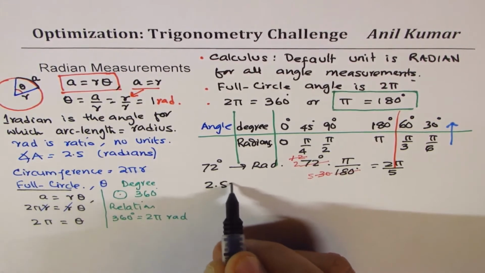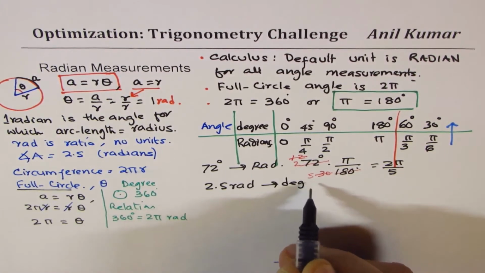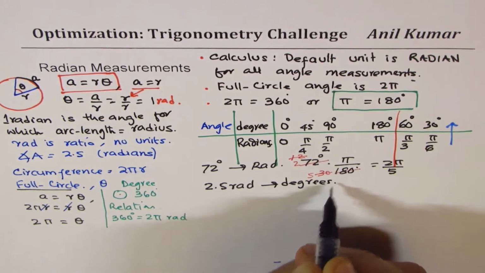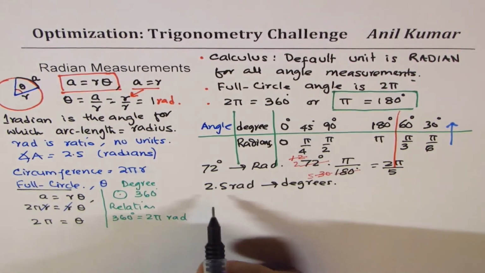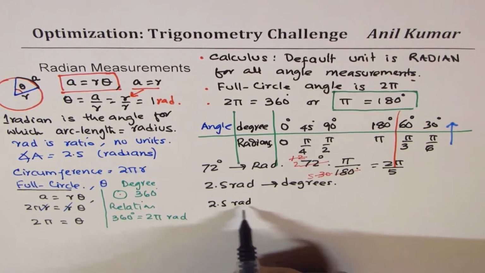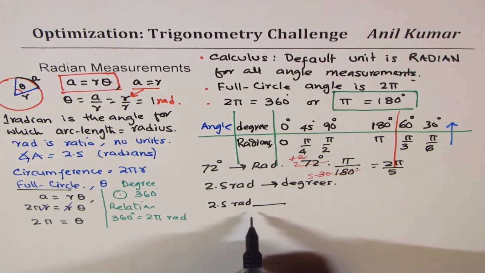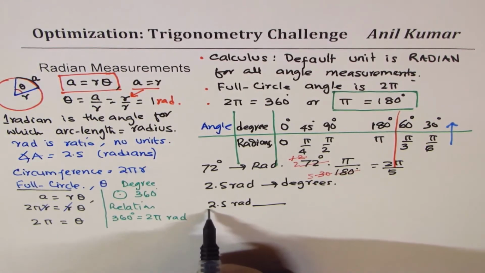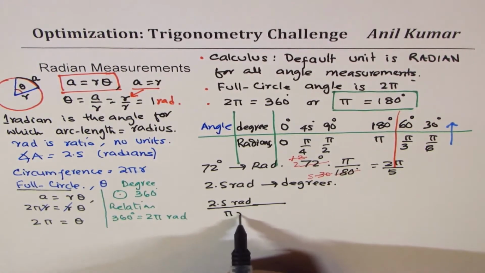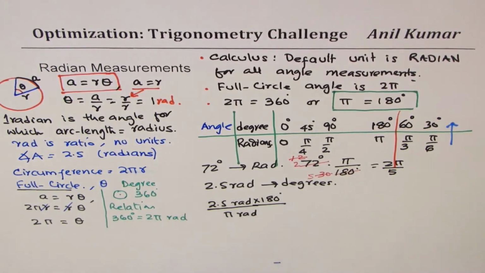Now, if I say, let us say 2.5 radians, and you have to convert to degrees, how will you do it? Well, the easy way here is, you know it is 2.5 radians. You have to multiply by a factor which has radians in the denominator. So we could divide this by pi radians and multiply with 180 degrees.